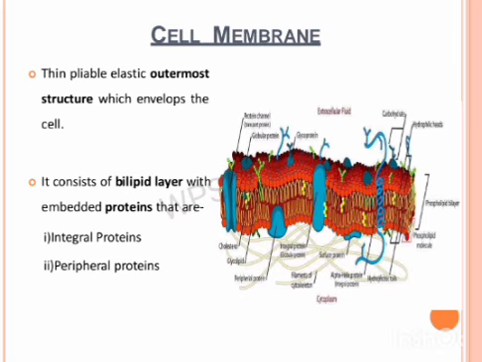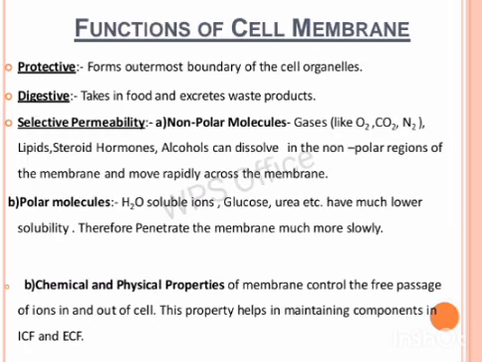It consists of a bilipid layer with embedded proteins that are differentiated into two types. Functions of the cell membrane are: it forms the outermost boundary of the cell organelles, which I have said previously; it takes in food and excretes waste products.